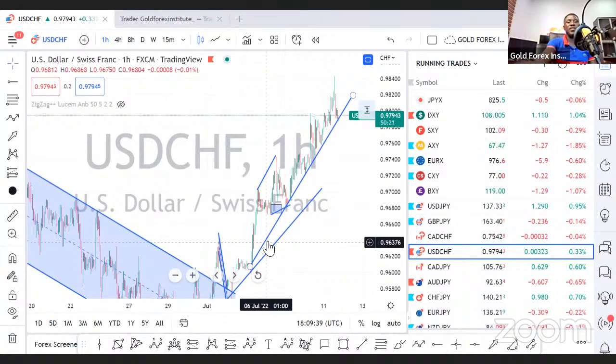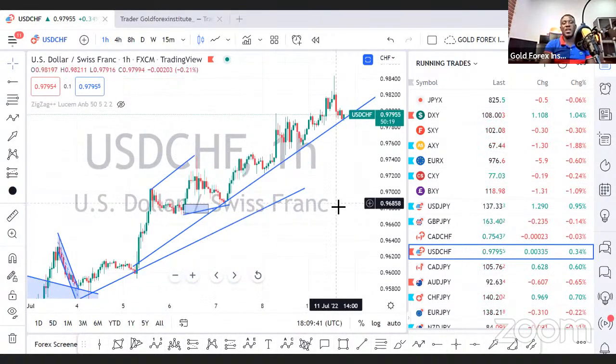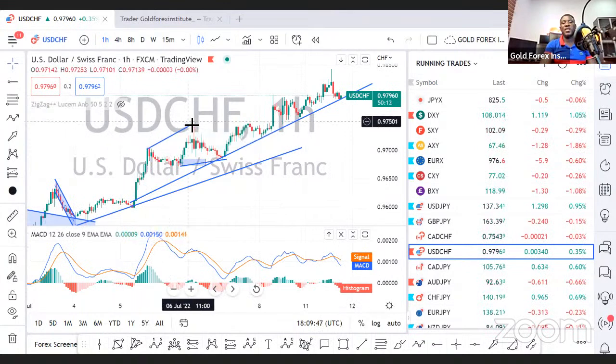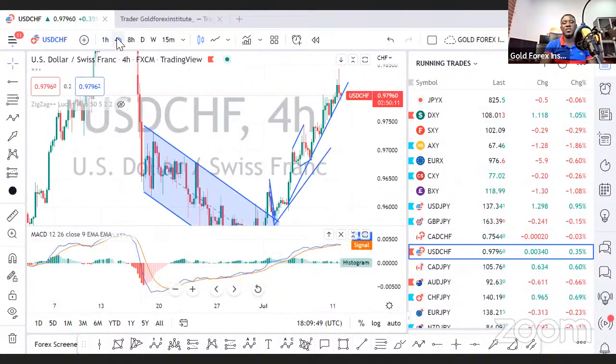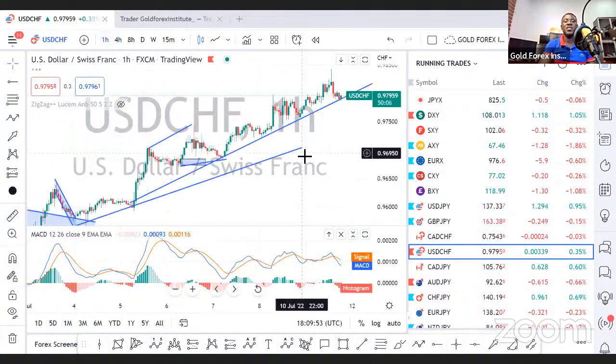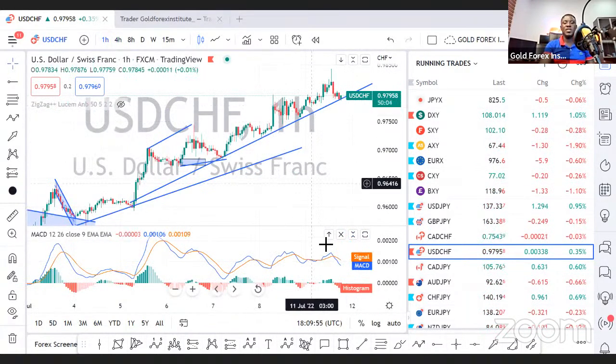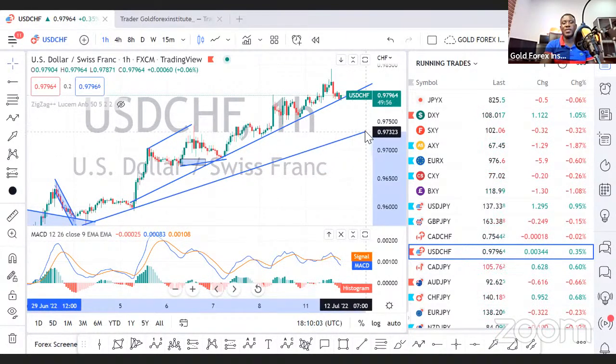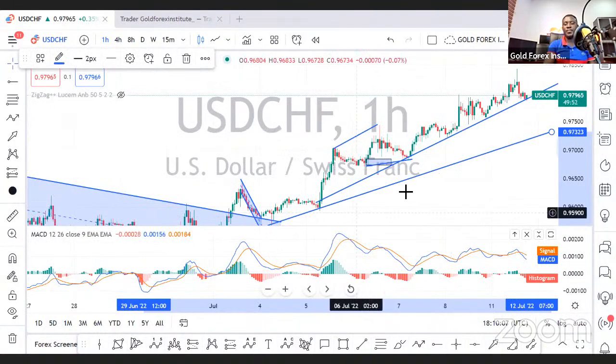Where is CHF? Let me see whether there's divergence. Some big divergence like that. Let me see. Okay. The divergence is not that clear. I wanted to see some divergence around here to look for more, I mean, pull to the sell, but we still don't have divergence yet.